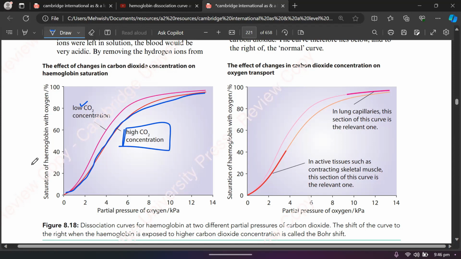I've just given you an example here: at 4, you see the hemoglobin saturation is this at high carbon dioxide concentration, and at the same oxygen partial pressure, the hemoglobin saturation with oxygen is 60%. So why is this difference there? This difference is there because of the carbon dioxide concentration. Is that clear now?